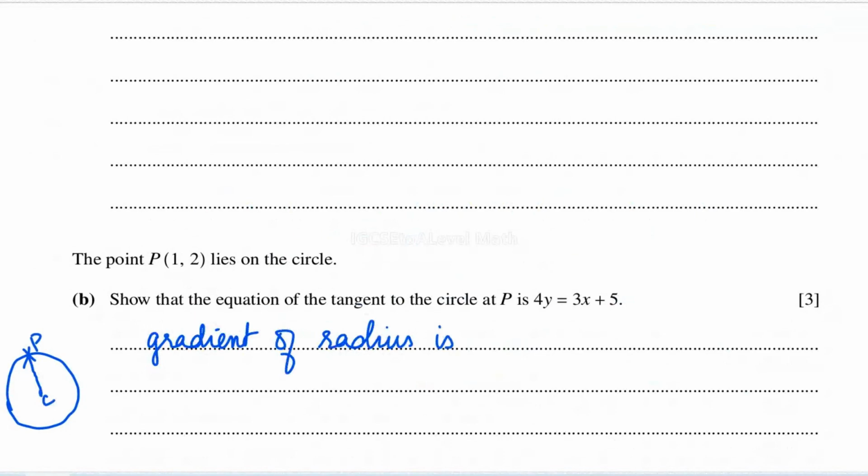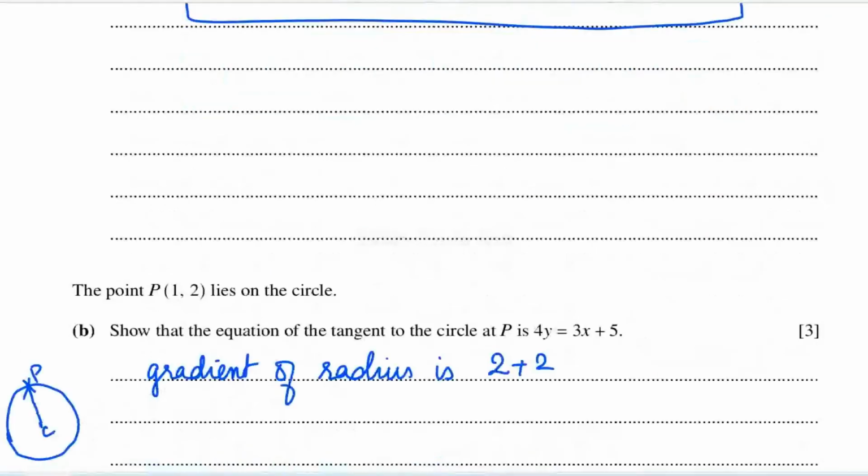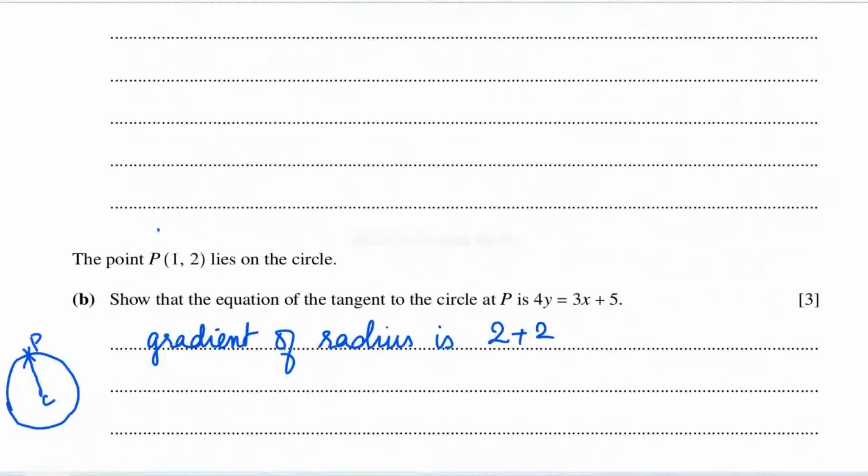Which is 2 plus 2. Okay, center is 4, negative 2 divided by 1 minus 4, which is 4 over negative 3, that is negative 4 over 3.